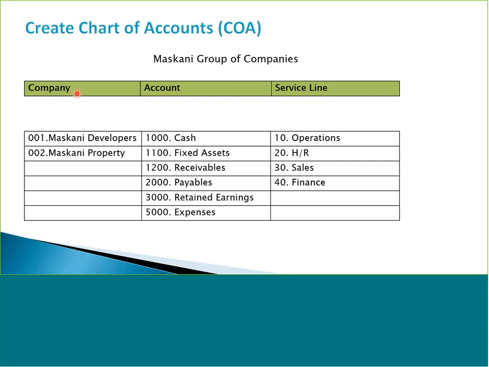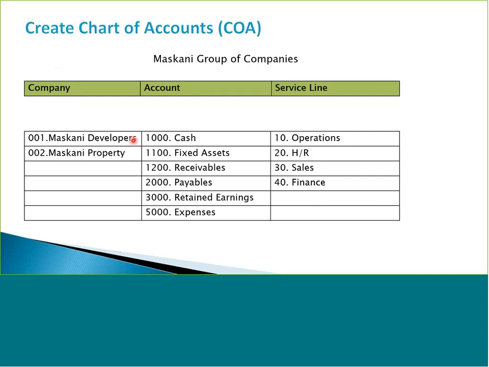So for every journal line in a journal that you enter that contains this balancing segment, there has to be another one to balance it. So for every credit, there has to be a debit. And if it's not clear, we are going to see this as we do the implementation on the system.